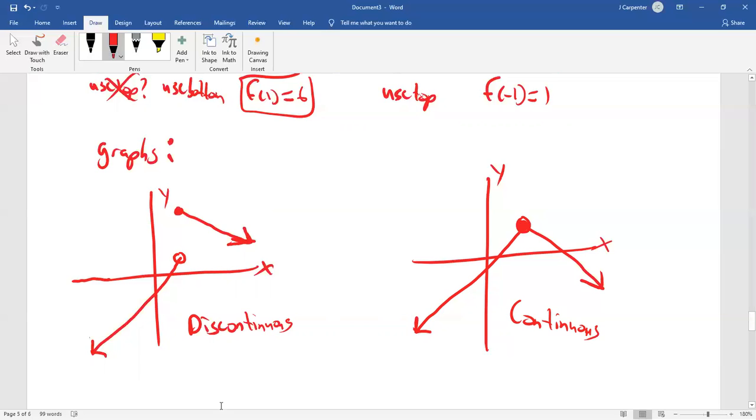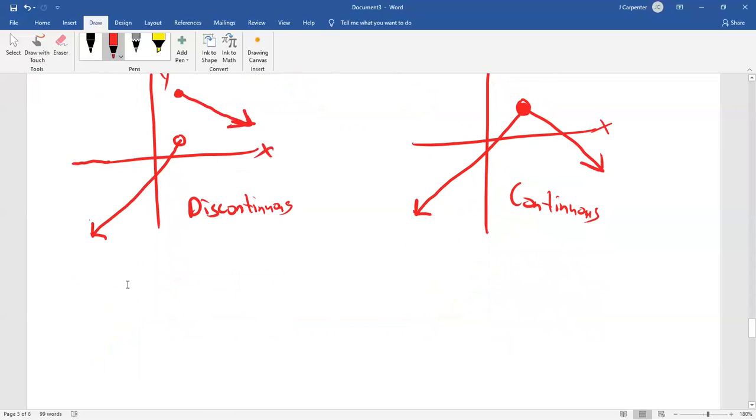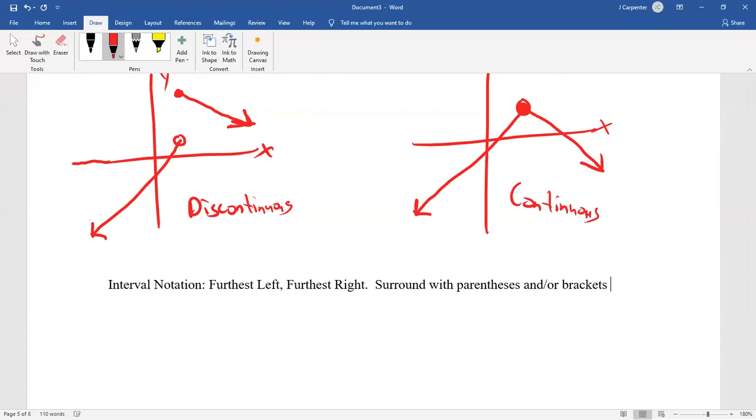Domain and range, interval notation. It always goes furthest left, comma, furthest right. And the comma is always there. Then surround with parentheses and or brackets, depending on the problem.